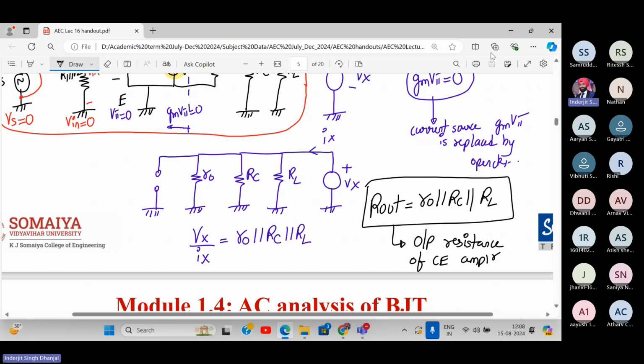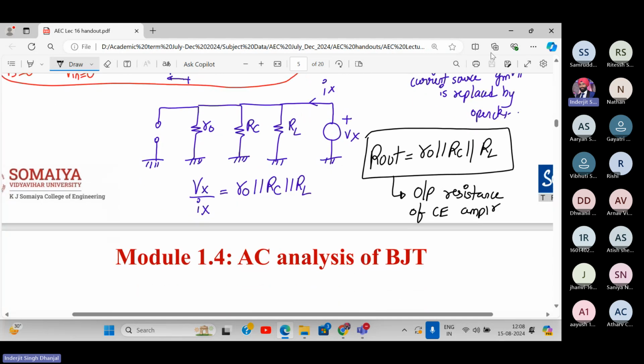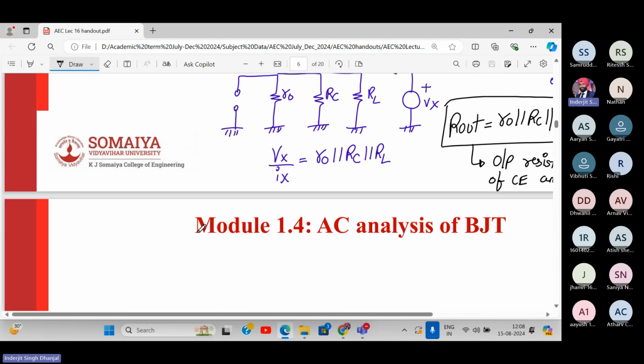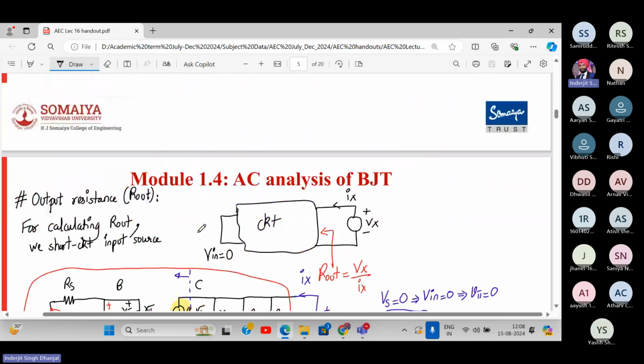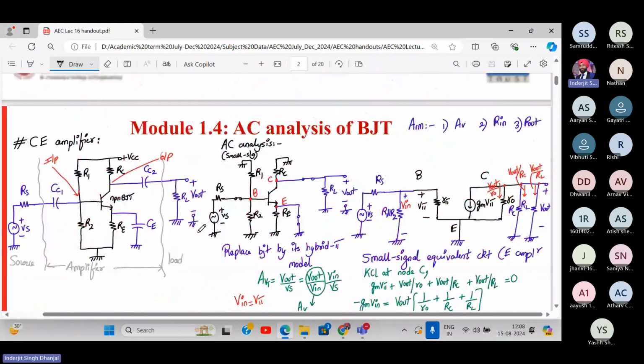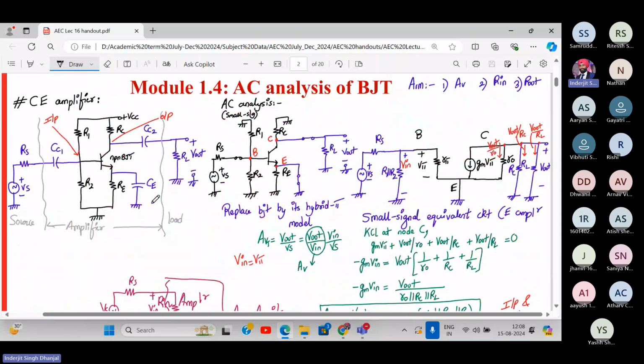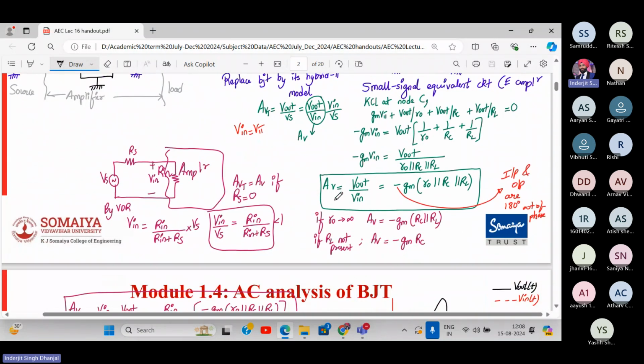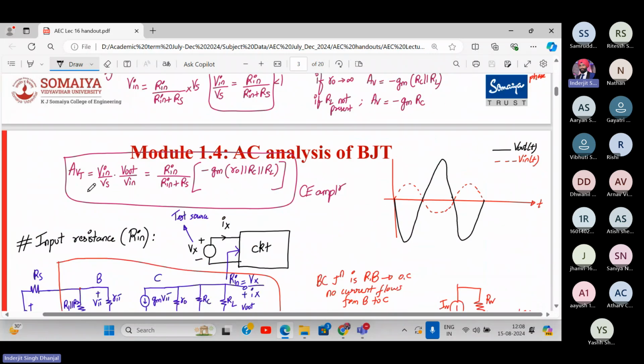Yes, sir. Okay, great. So let us summarize and write down all the formulas related to the common emitter amplifier, whatever we know. So this is what we have done so far. We have started with common emitter amplifier and we have derived the expression of AV, the total voltage gain AVT.